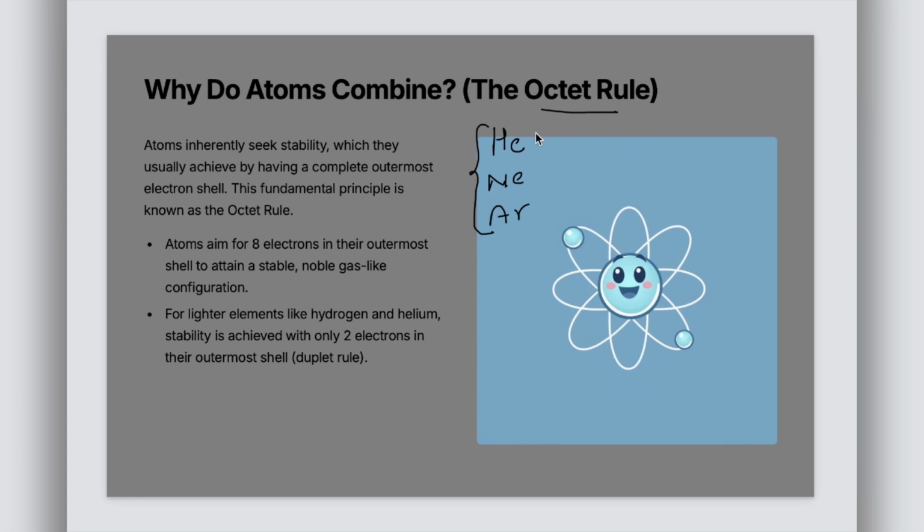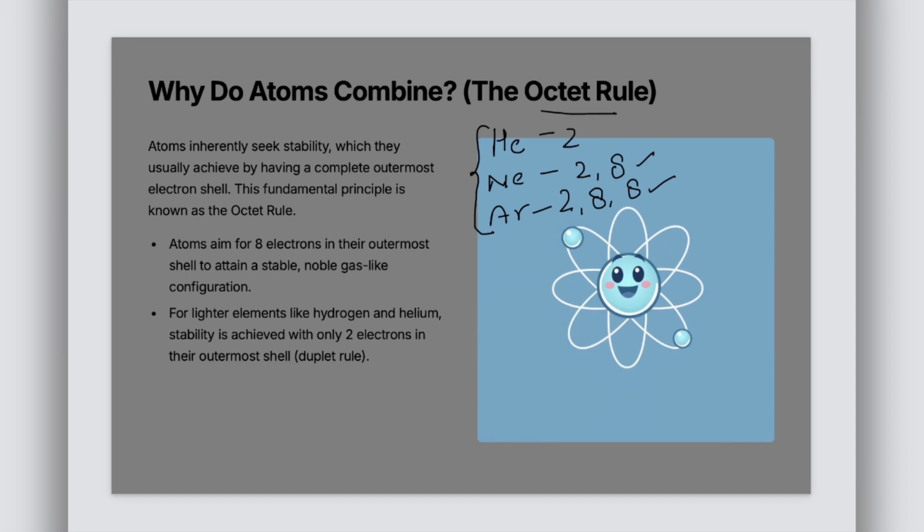Helium has 2 electrons in the outermost shell. Neon has electronic configuration 2, 8, so there are 8 electrons in the outermost shell of neon. And argon has electronic configuration 2, 8, 8, so there are also 8 electrons in the outermost shell. So helium follows the duplet rule and neon and argon follow the octet rule.